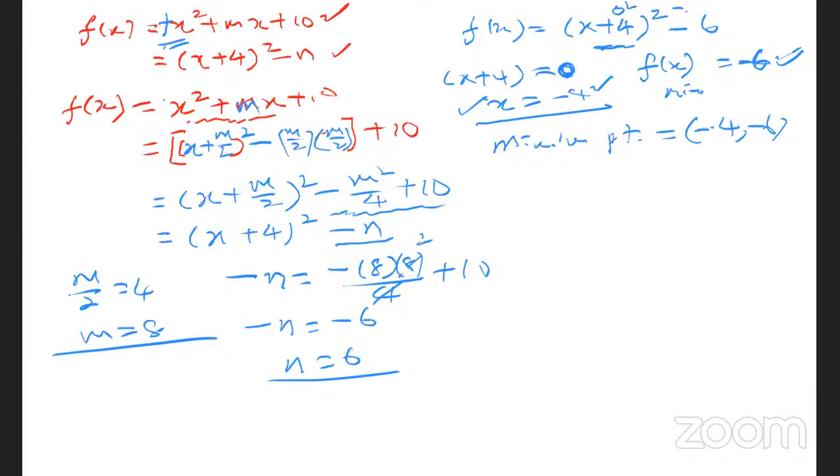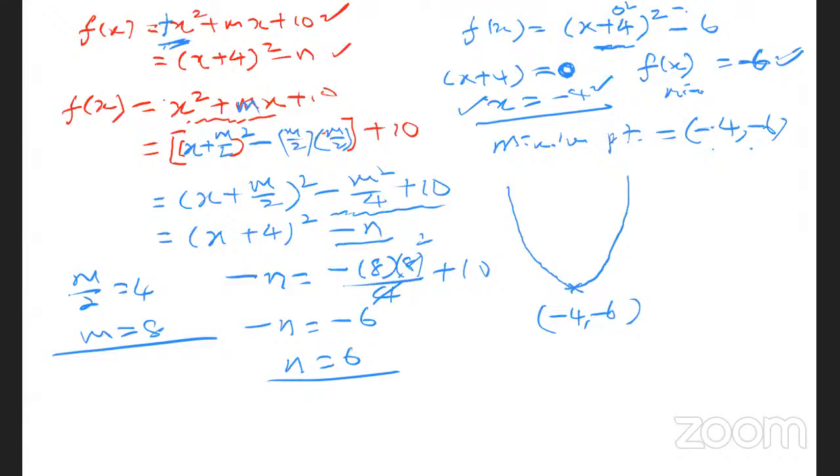Then after that, they ask you to draw. Am I right? They ask you to draw. Then you draw. Okay, how to draw? Find the minimum point first. Put like that: negative 4, negative 6. And then check whether it's a positive curve or not. Yeah, it's a positive curve, means like that. All right, can or not?